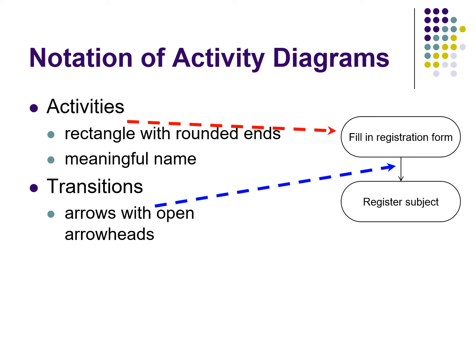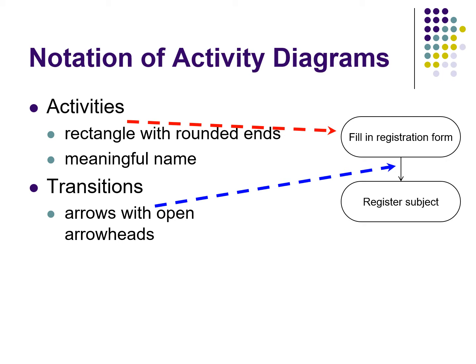Alright, so let's look at the notation used in this activity diagram. First of all, you have to represent the activities. So you'll be using this notation, which is a rectangle with rounded ends, and you label it with a short, meaningful activity.